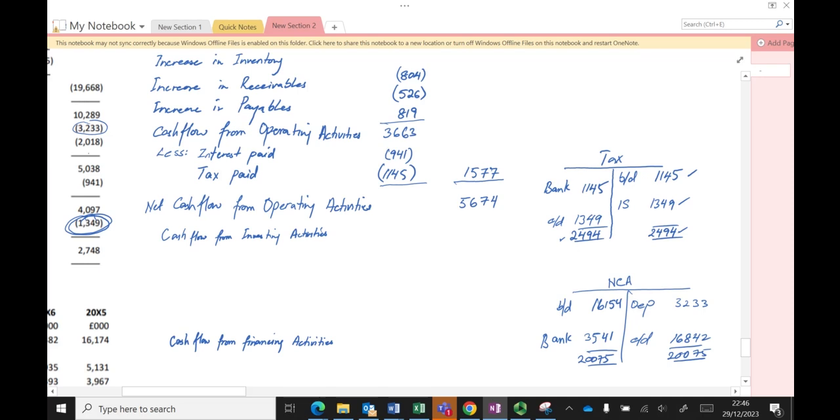Therefore, I need to record here purchase of non-current asset.